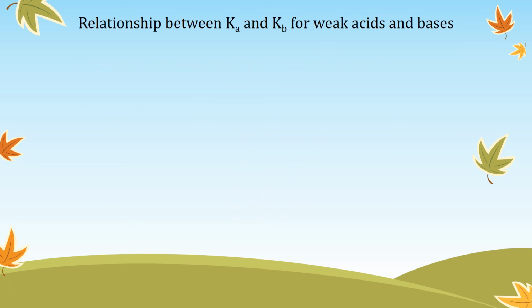So what is the relationship between Ka and Kb for weak acids and bases? A weak acid, when it ionizes in water, becomes a hydronium ion and a conjugate base. You can calculate the dissociation constant or ionization constant as the concentration of hydronium ion and the concentration of the conjugate base divided by the concentration of the weak acid.